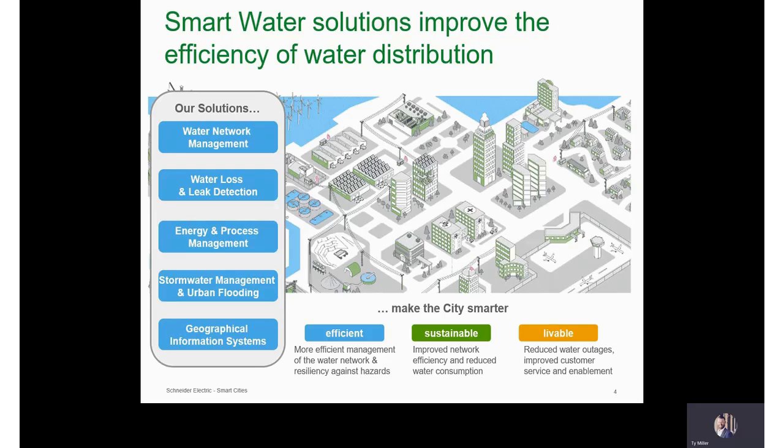So one big example of this currently in our current situation in 2020 with COVID is there are now sensors that can detect the virus in wastewater.